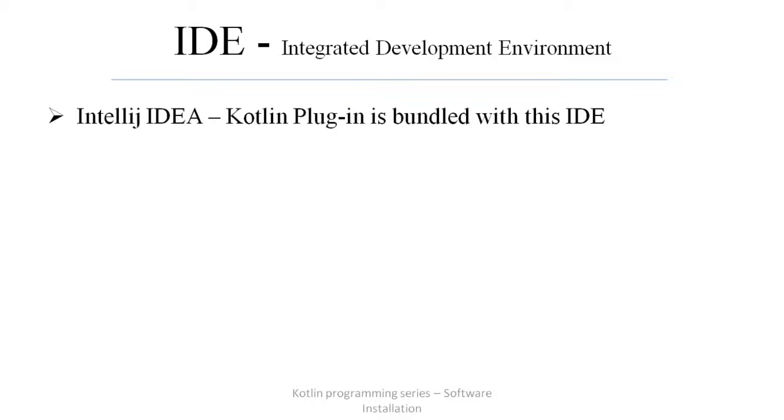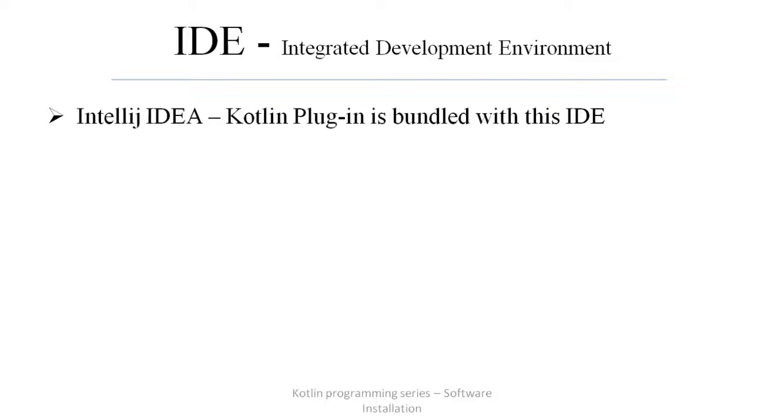This IDEA is developed by the JetBrains company, and this JetBrains company, as we know, have developed the Kotlin. That is, Intellij IDEA and Kotlin are both developed by JetBrains, and Kotlin plugin required for Kotlin programming is bundled with this IDE.